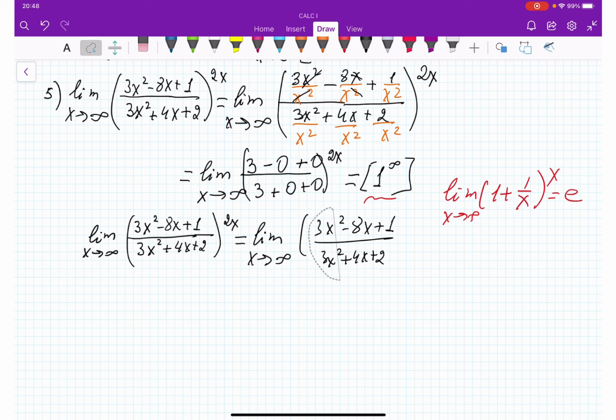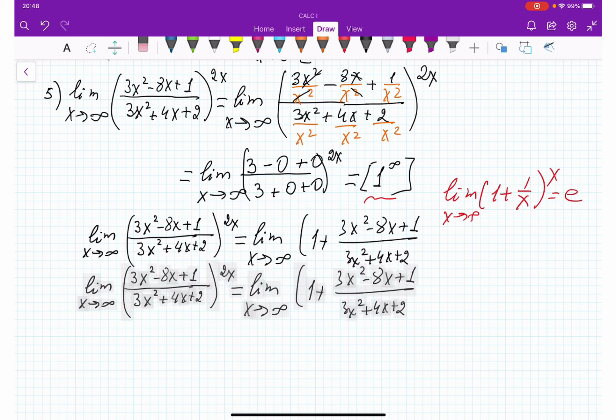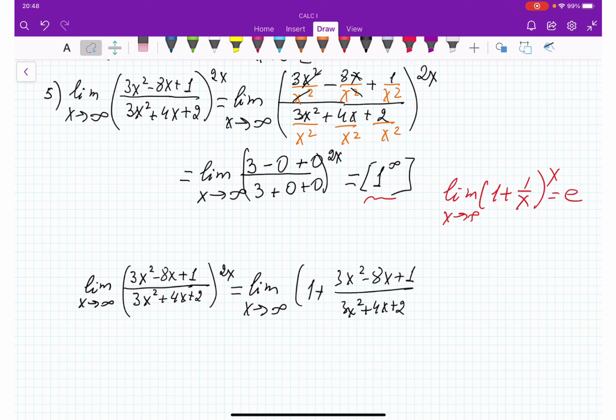I'm going to add 1 and subtract 1, so as not to unbalance the expression, and it's going to go to power 2x.